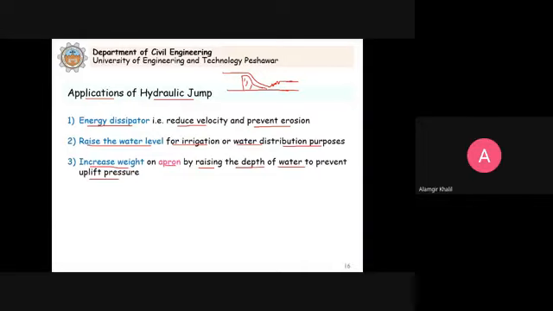So downstream of this spillway, this protection is provided here. Downstream of the spillway, we have to provide the protection so that this high velocity water does not cause damage to the bed of the channel.